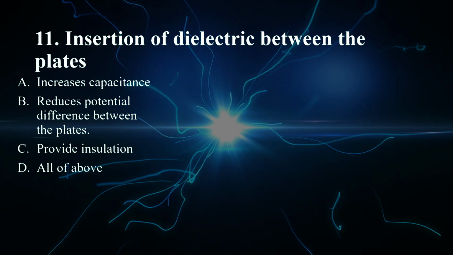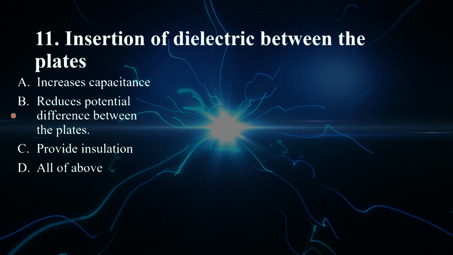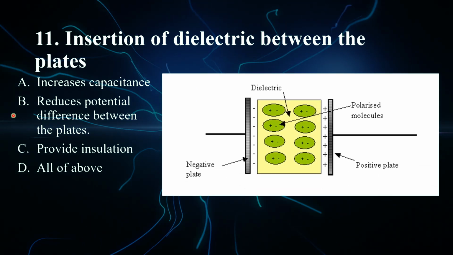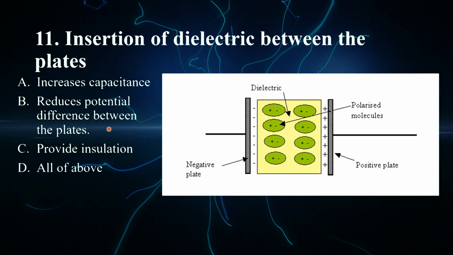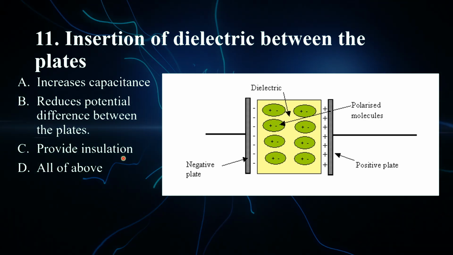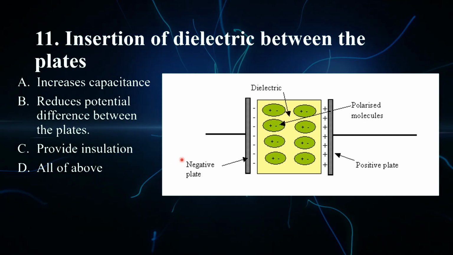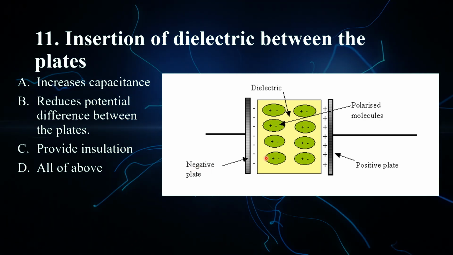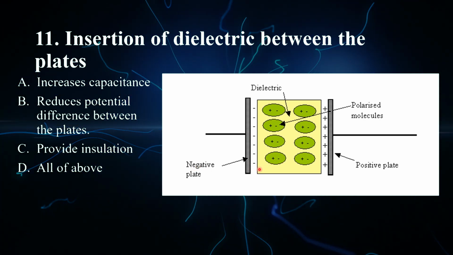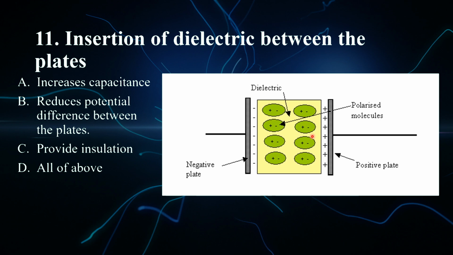Insertion of a dielectric between the plates of the capacitor: the options are increases capacitance, reduces potential difference between the plates, provides insulation, and all of the above. So students, remember that insertion of a dielectric with polar molecules aligns them in the electric field, creating an opposite field.